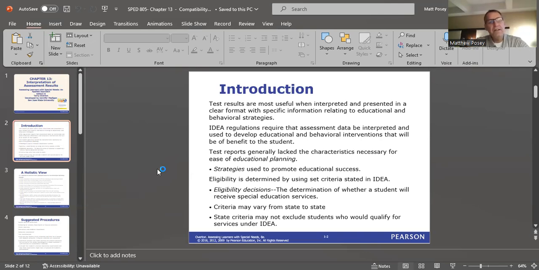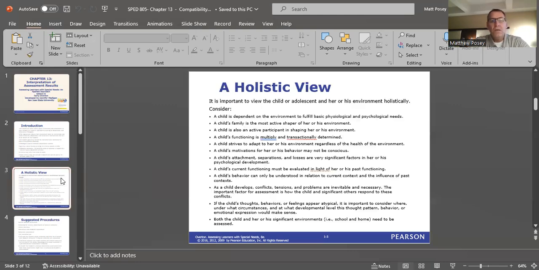And so the criteria, as I mentioned in previous weeks, some states are now getting away from what we call a discrepancy model and going more towards MTSS or RTI. Actually, Oklahoma is going to be shifting in that direction in the next few years, so we have a little bit of time to make those adjustments and prepare for that. It's not uncommon for states to do that.